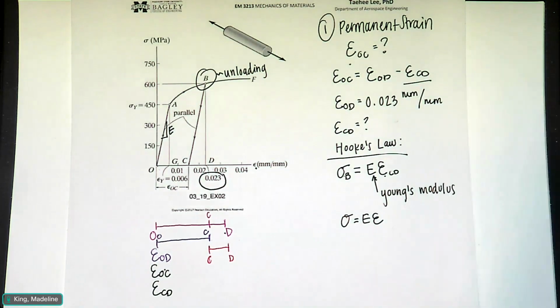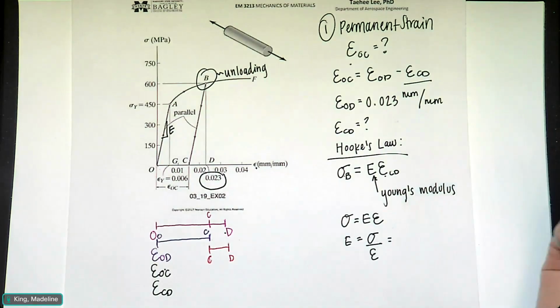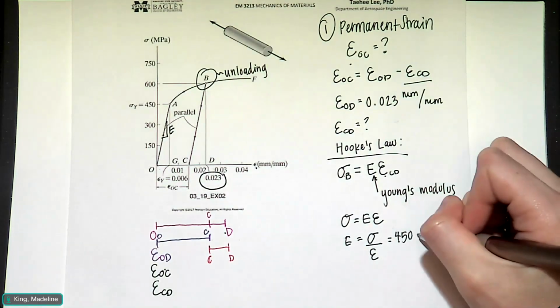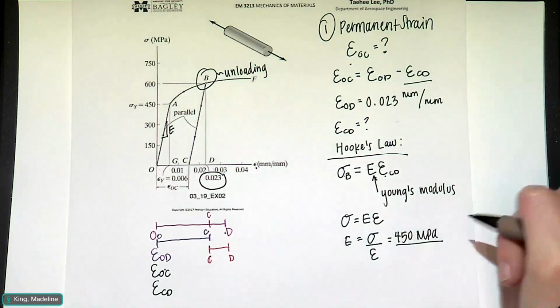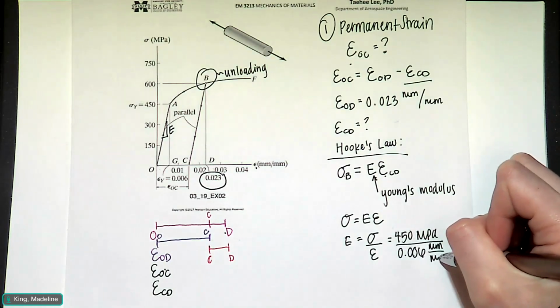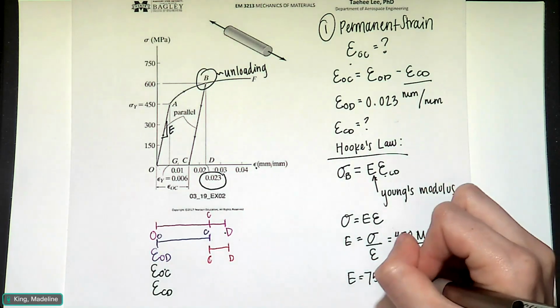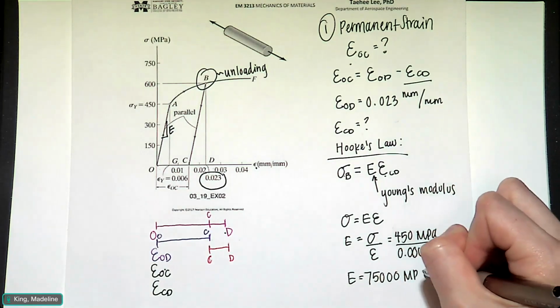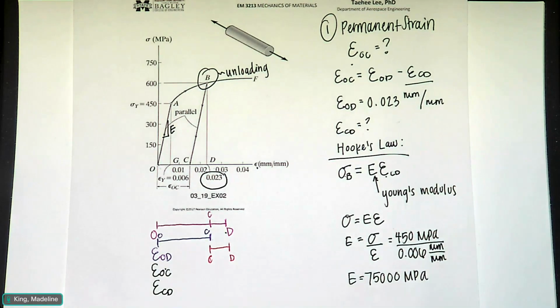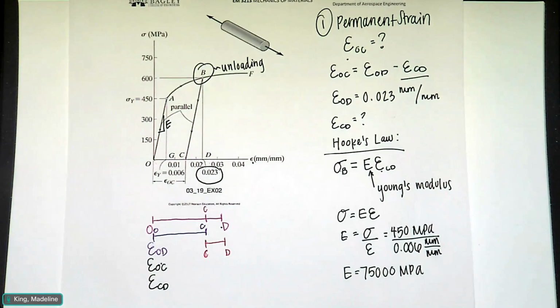So now we can find our Young's modulus. So E is equal to sigma over epsilon. So like I said, sigma is 450 megapascals, and our epsilon is 0.006 millimeters over millimeters. So we're going to get 75,000 megapascals. I'm just going to keep it in mega because we're working in mega. You can convert it to giga if you want, just your preference.